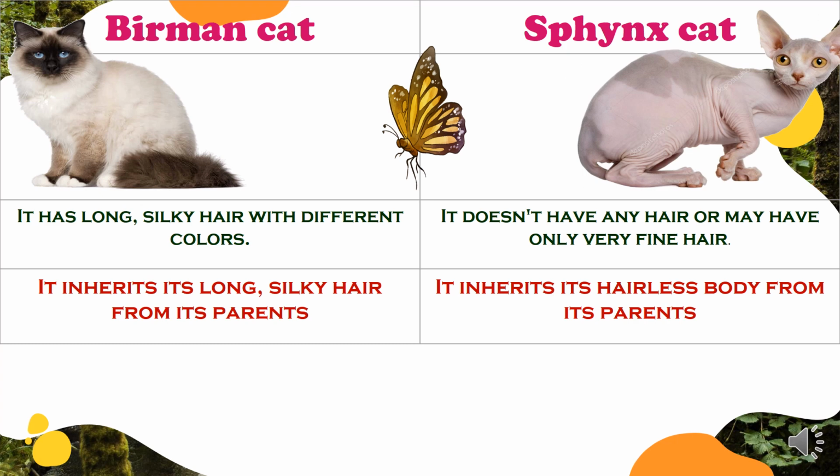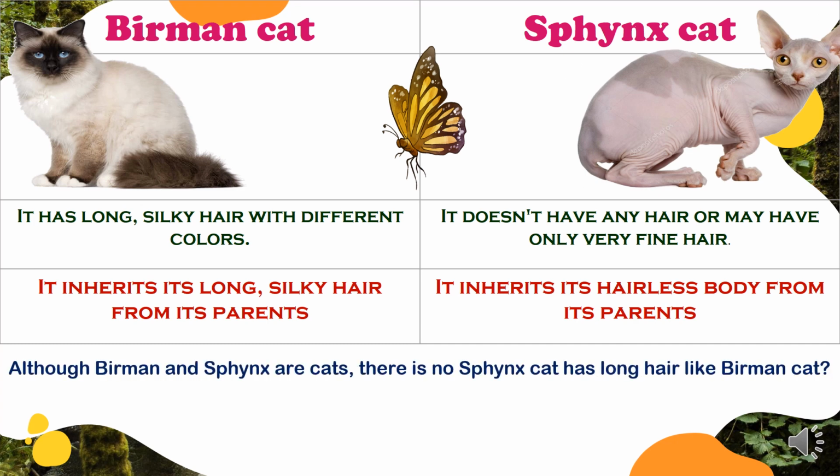So let's take an example of genetic factors that differ in the same species. Like cats, we have two types of cats, the Birman cat and the Sphynx cat. From this picture, you can see that the Birman cat has long silky hair with different colors because it inherits its long silky hair from its parents, while the Sphynx cat doesn't have any hair, or may have only very fine, small hair, because it inherits its hairless body from its parents.